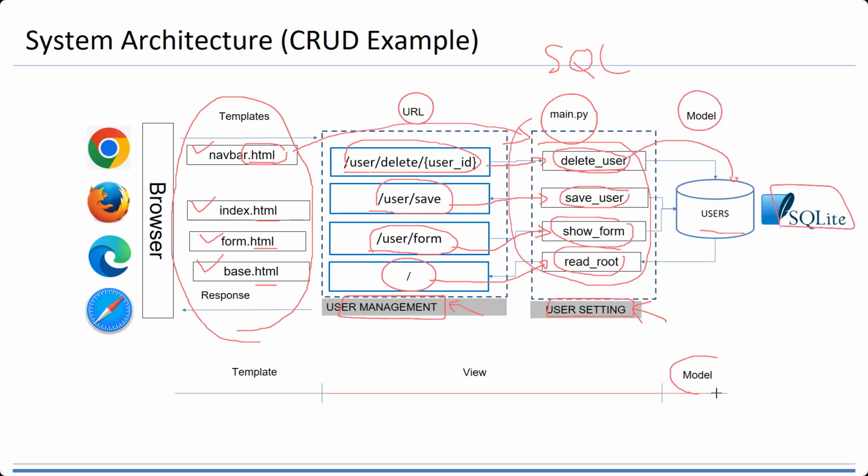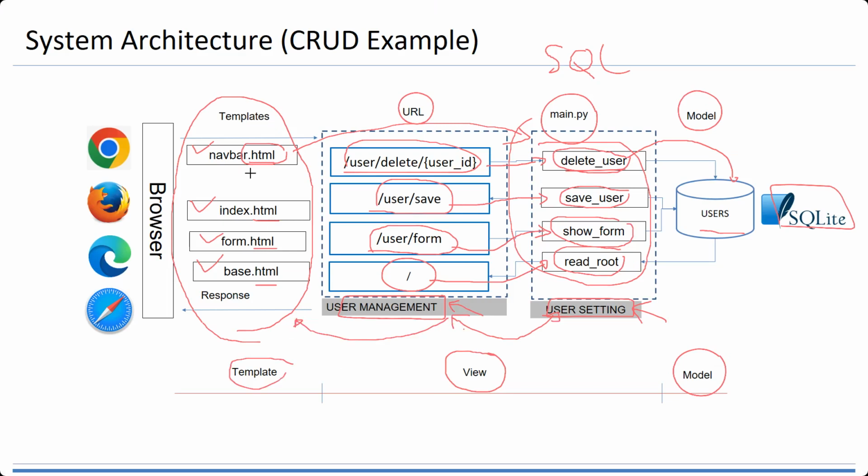Then you can see that this is the model. When you connect to the view, it means you just try to figure out what the view logic is. And once you know the logic, you show everything in your HTML file.